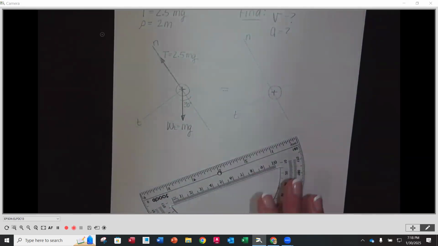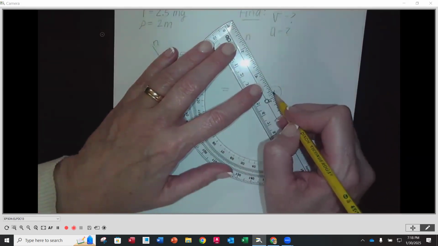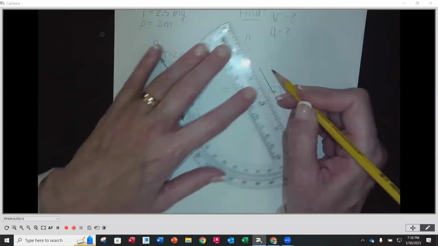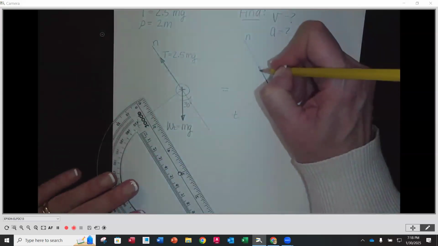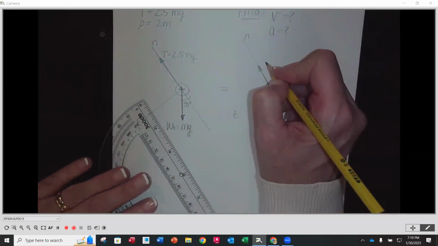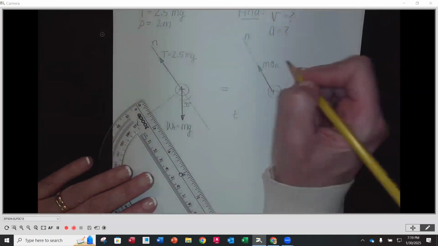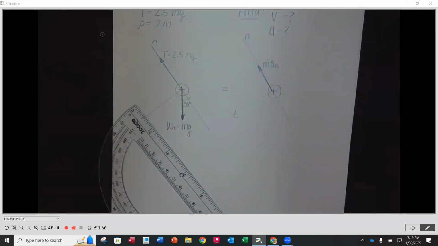Now over here on the right-hand side, the inertia terms are going to be, from the center of the bob pointing towards the center of rotation, the mass times the normal acceleration component of the acceleration.